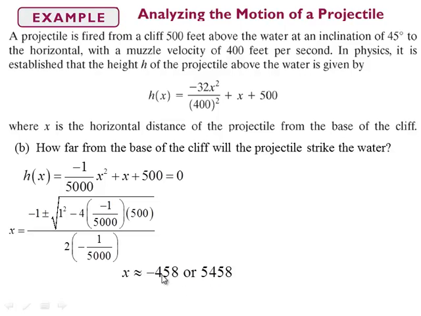Of course you will discard the negative solution because it doesn't make sense to go in a negative direction. You're only going in a positive direction downrange. So you accept this answer here, the 5,458 feet, as the distance horizontally that the projectile travels before it hits the ground, or the water in this case.